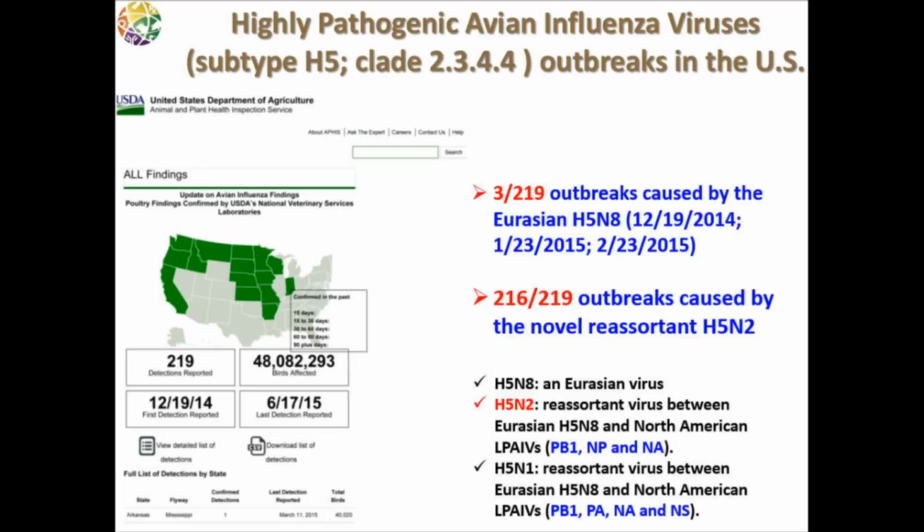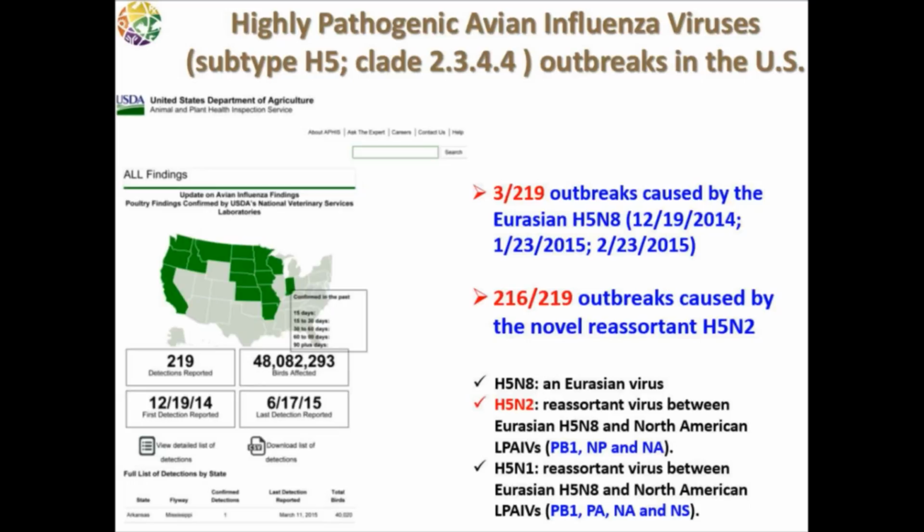Overall, 219 outbreaks were detected, and as countermeasures, 48 million birds were slaughtered, 40 million chickens and 8 million turkeys. The overall economic loss is estimated at $4 billion.